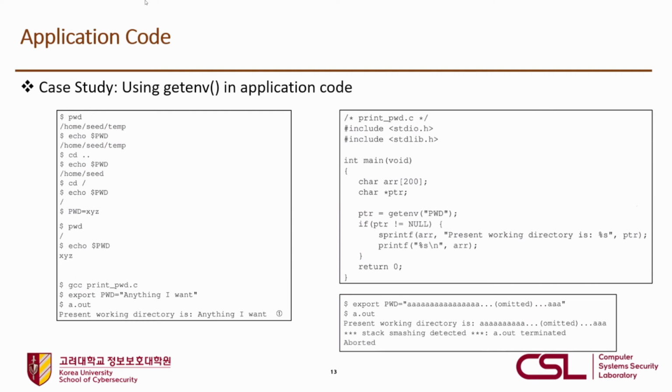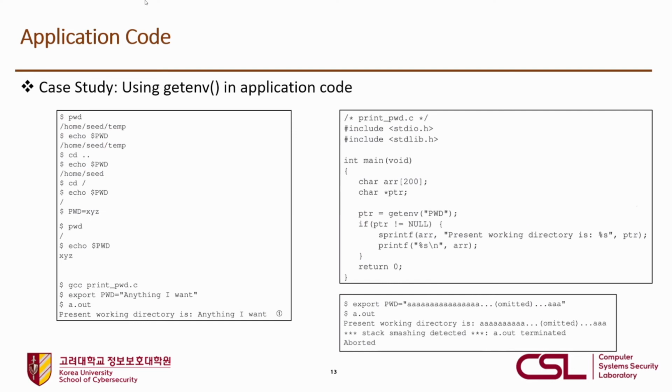The pwd.c code first declares the arr array that has a size of 200. Use the getenv function in a variable called ptr to store the contents of the environment variable called pwd. Getenv is an API that returns the value of the environment variable.